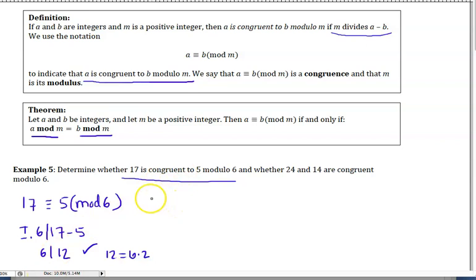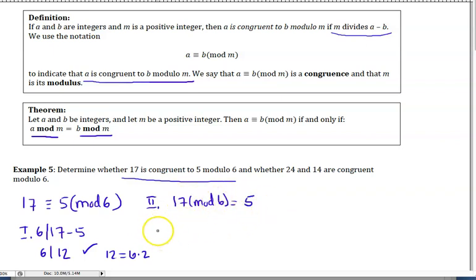But the second way to check it is to see if you get the same remainder if you divide these numbers by 6. So if I do 17 mod 6, again, this gives you the remainder of the division. So 17 divided by 6 is 2 with a remainder of 5.